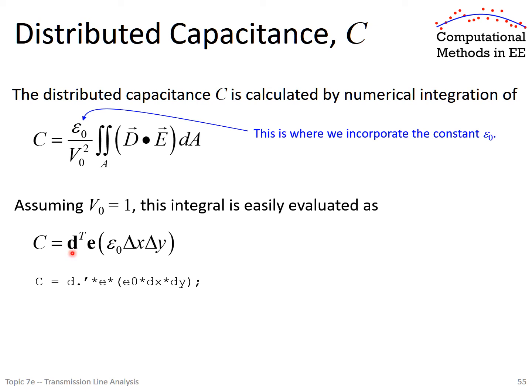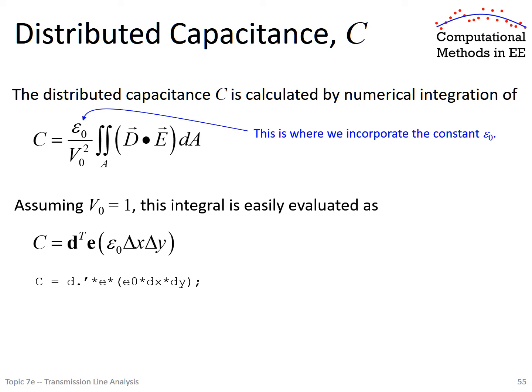We have our D stored as a column vector, our E stored as a column vector. If we take the transpose of D, that makes it a row vector, and multiply it by E, we are effectively doing a point-by-point multiplication of D and E, calculating the dot product for us and adding them all up.